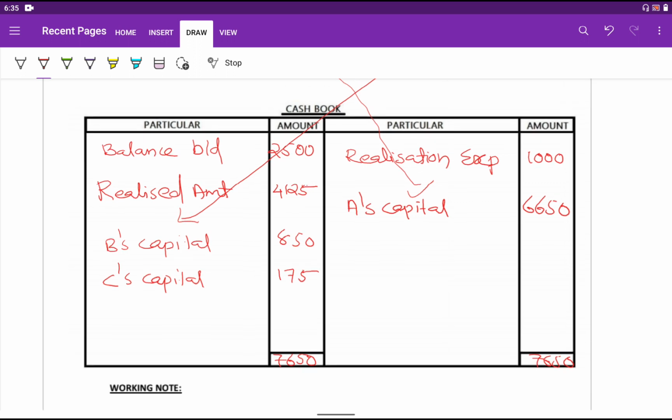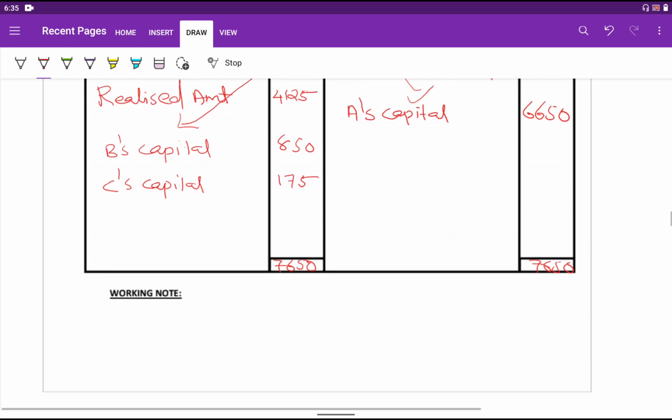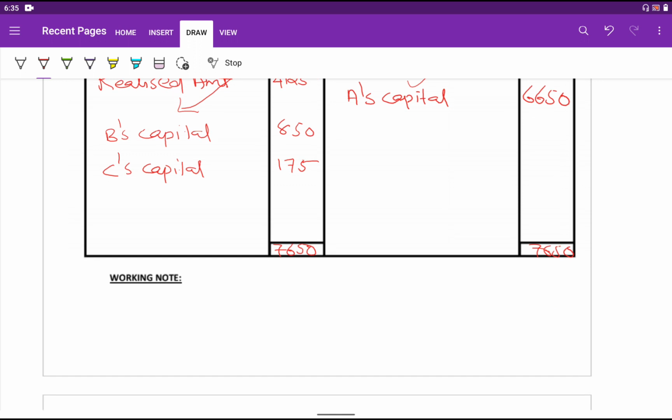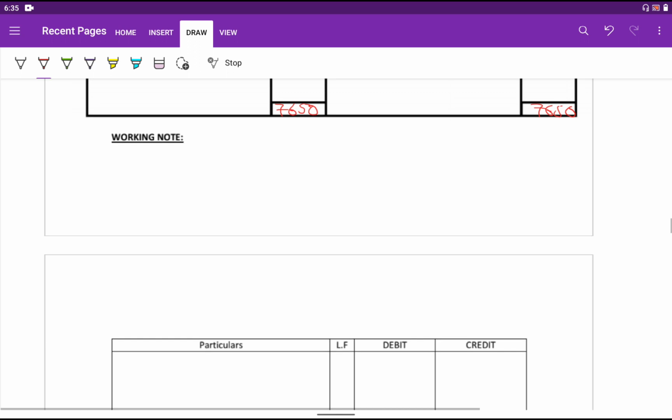So now the cash book becomes tally. So this question is over. Only this much you have to do in this question. Adjustment means don't worry about that. That is same like a normal question. But if any partners are taking over any liabilities or assets, we are just replacing with their name, nothing else. Other all sides everything will be same.